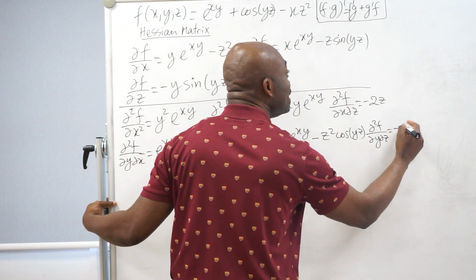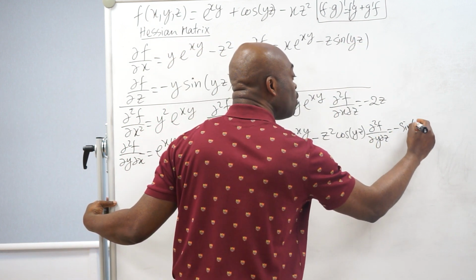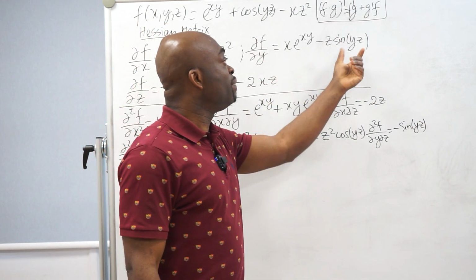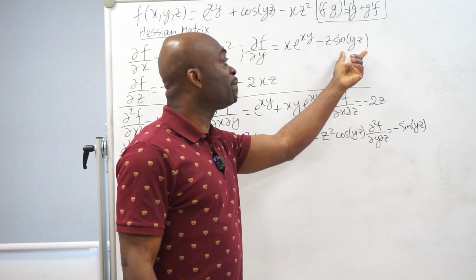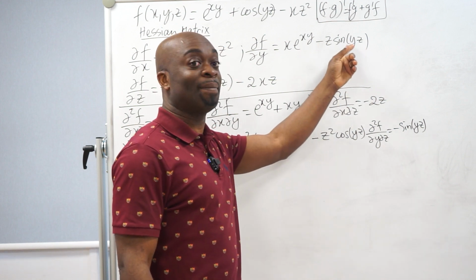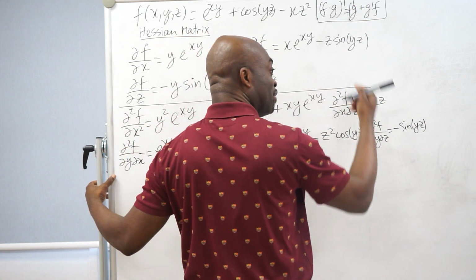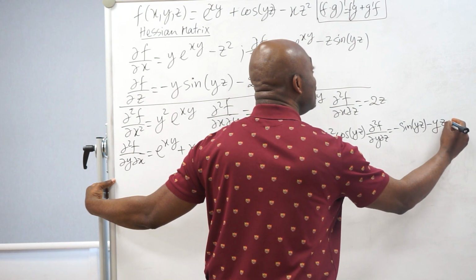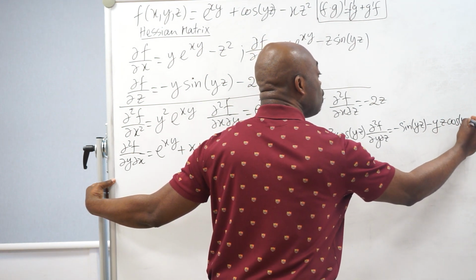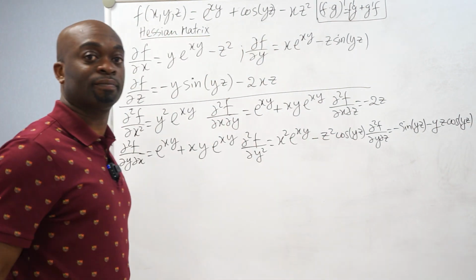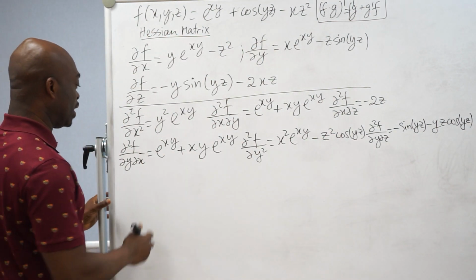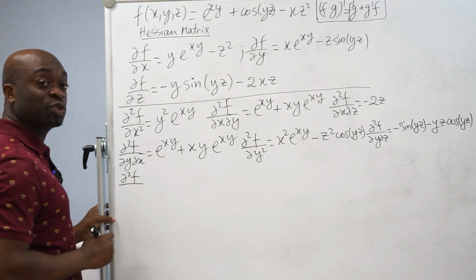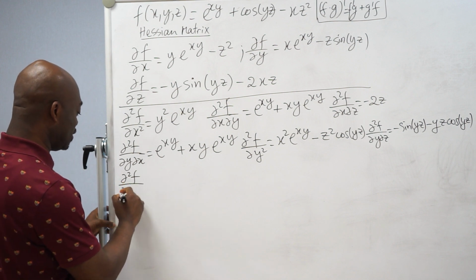So it's going to give us negative sine yz. And then we have to do g prime, so that means the derivative of this one here with respect to z, so the y is going to come out, and then derivative of sine is cosine, so it's going to be negative yz cosine yz.